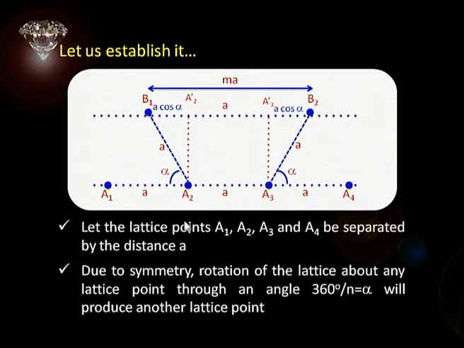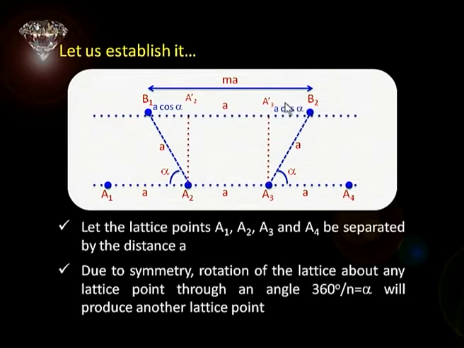Further, this is my repeat distance A. Since the line B1, B2 is parallel to A1, A4, the distance between B1 and B2 must be some integral multiple of the repeat distance A. We call it MA. Further, if I draw a perpendicular from A3 onto this plane, and similarly on the other side, this distance happens to be A cos alpha, because this is my alpha.